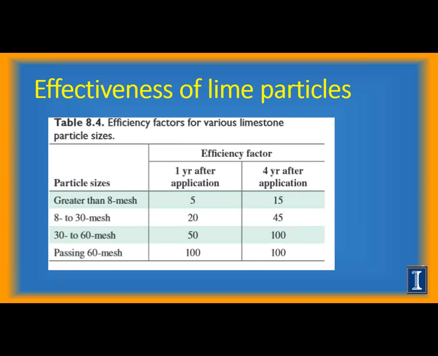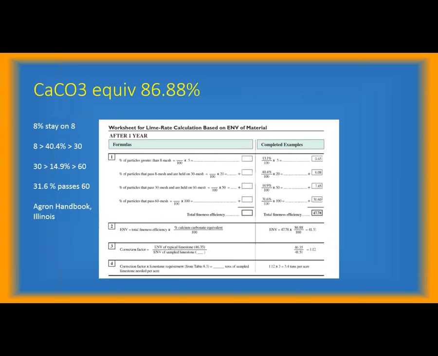So then you'd come back into the calculation. This is a little bit small, but looking at the numbers that we just showed previously, you multiply by the effectiveness, and then you sum up the total fineness efficiency. In this case, 47.78%, and then you're going to divide that into the total amount of limestone that you need.